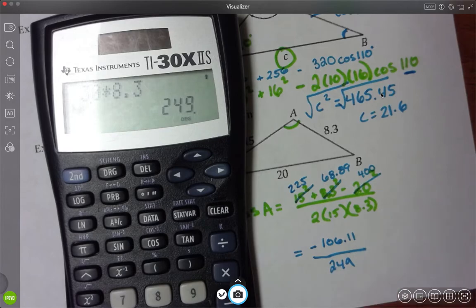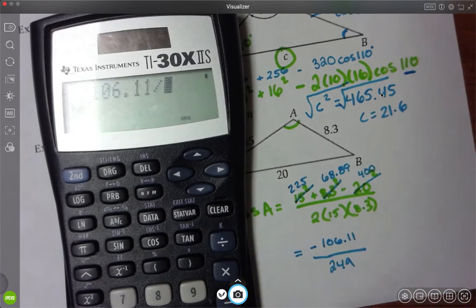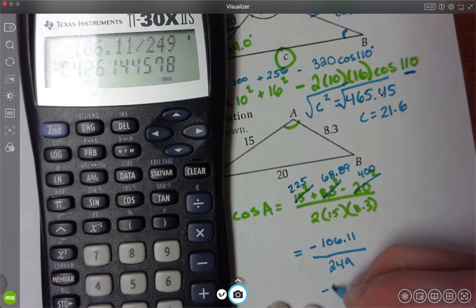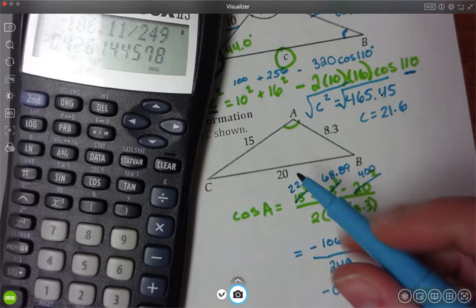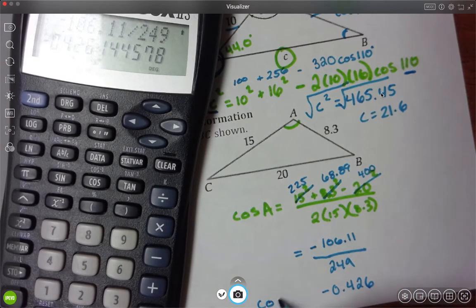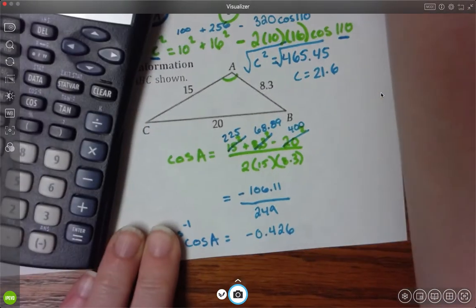So negative 106.11 divided by 249 is negative 0.426, and that doesn't make a whole lot of sense for A to be that. But there's one step I haven't done yet. That is cosine of A, so I do the inverse cosine to get it out of there. Let me go down so you can see.